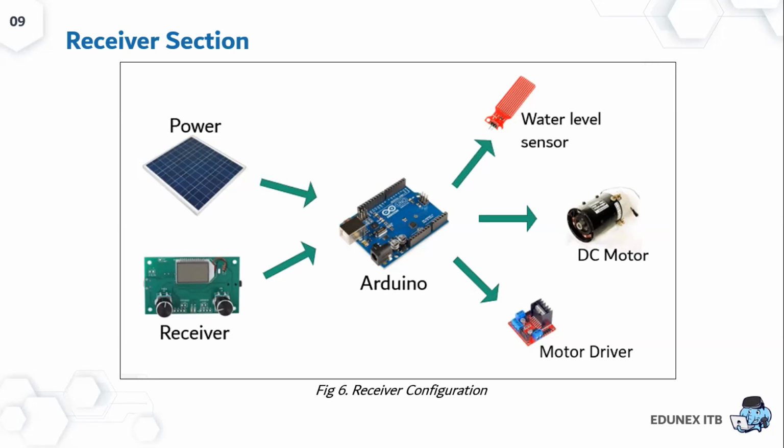It will process the signal and forward it to the sensors and actuators, such as the motors that move the robot and move the conveyor. There is also a water level sensor to check whether the robot has accumulated all the garbage, and then also there is a motor driver as a module to control the running of the robot itself.